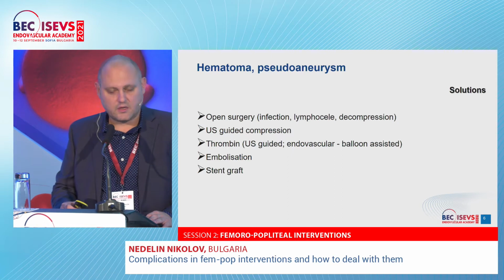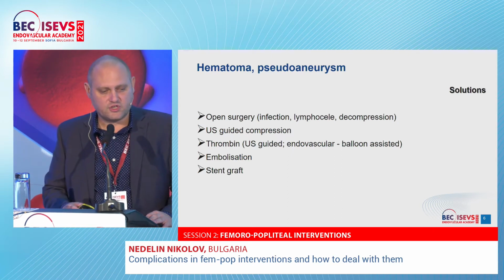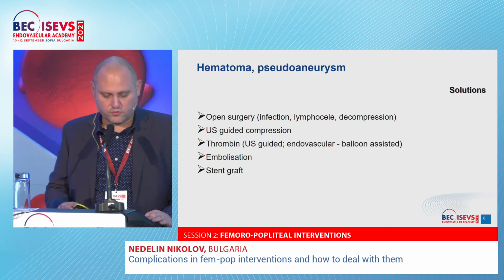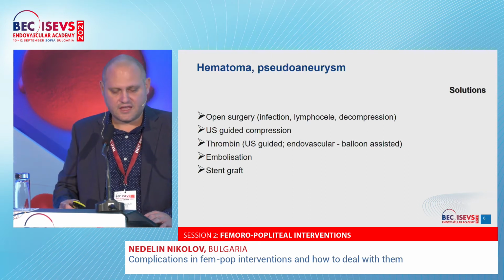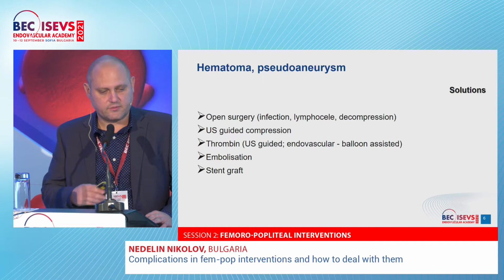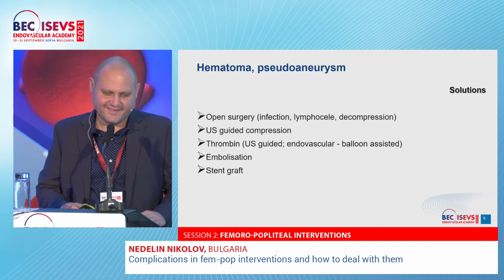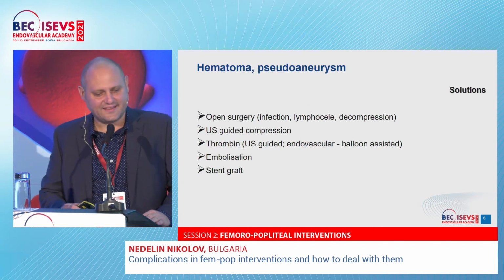You can do ultrasound guided compression, you can do thrombin injection. There are two different types of thrombin injections. You can do it ultrasound guided directly in the aneurysmal sac, in the hematoma, and you can do it endovascularly from inside the artery.